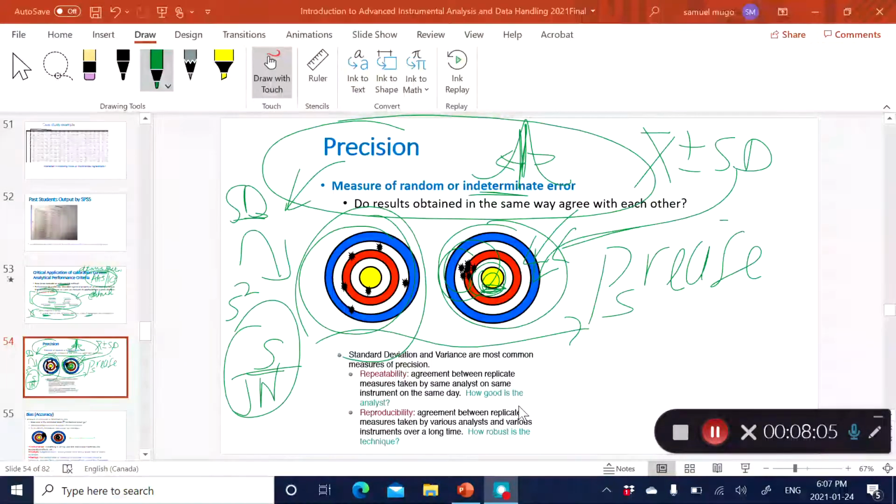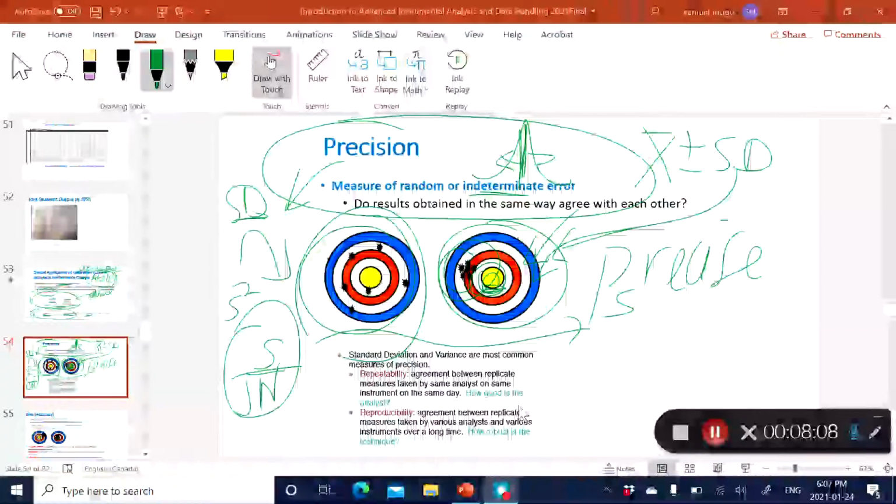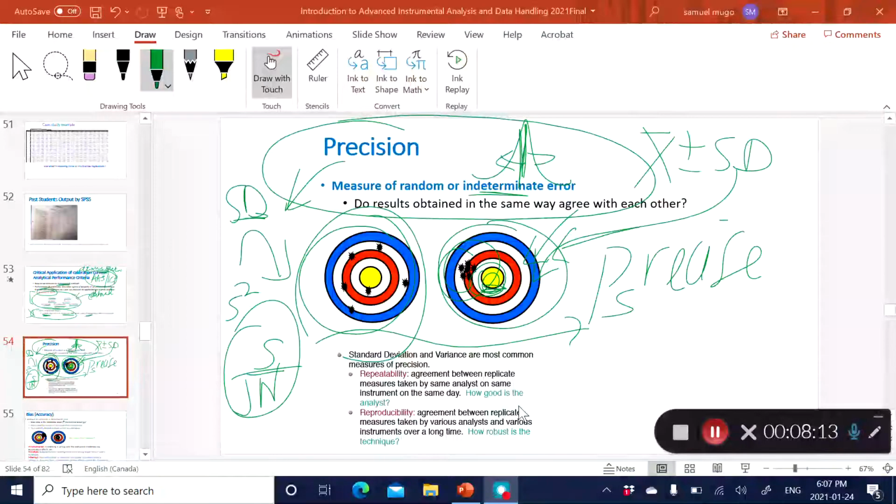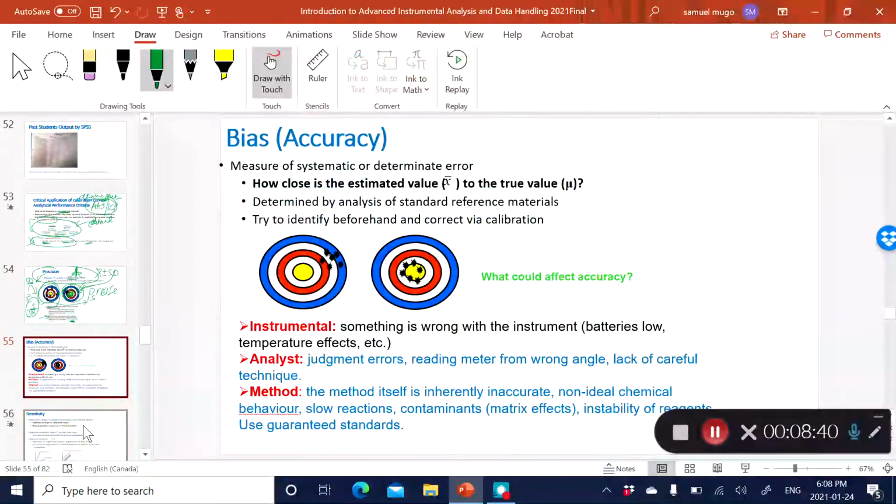So, for example, for some of you making cencus, to assess how reproducible it is, you possibly need to make 3 different types of cencus, and then you analyze your sample on those on different days, and that is what you refer to as robustness or reproducibility, which is still a measure of precision. And I hope that's clear, the difference between repeatability and reproducibility, which are aspects of precision.